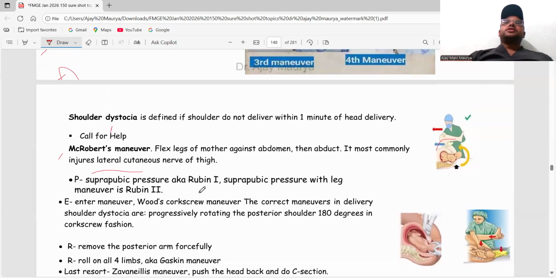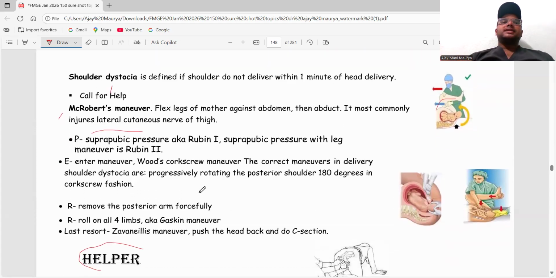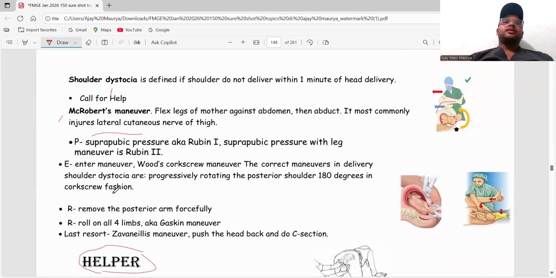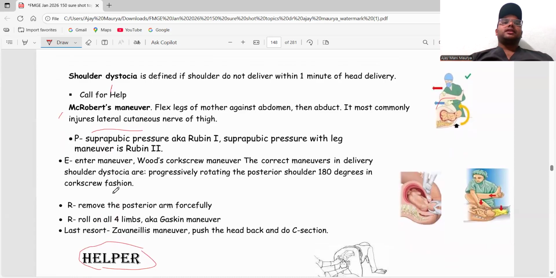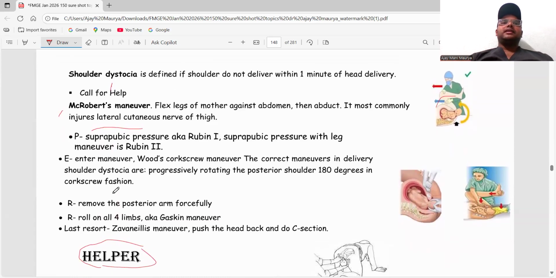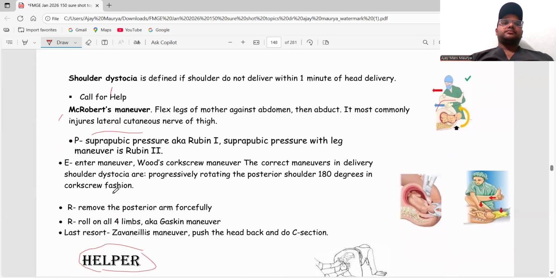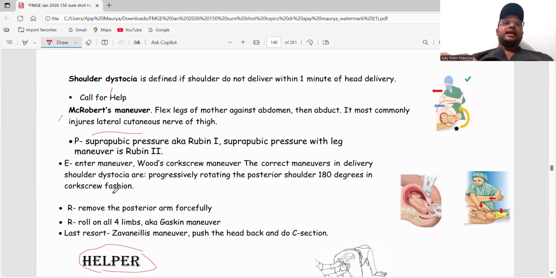See, for shoulder dystocia, guys, the mnemonic is HELPERR. H is for call for help. L is for legs, it means you have to flex the legs, which means performing the McRoberts maneuver.